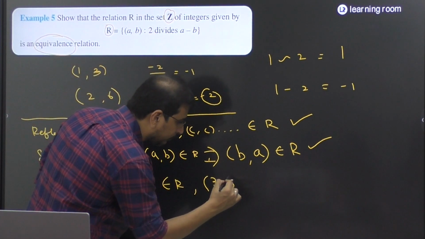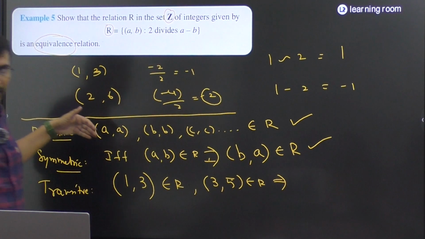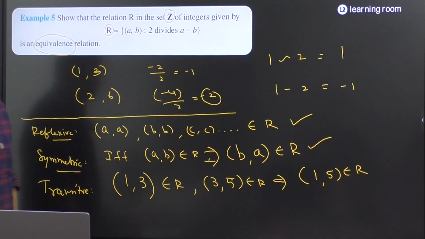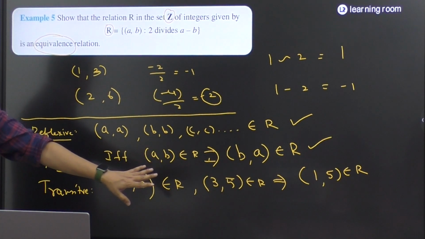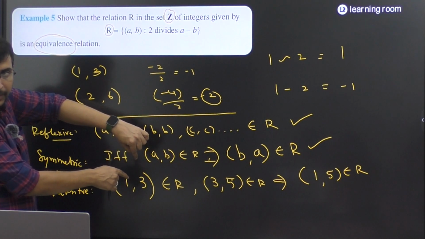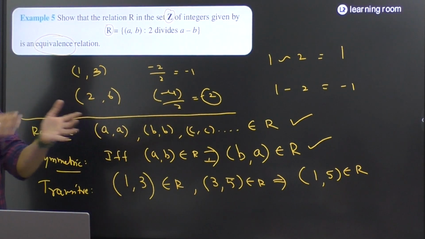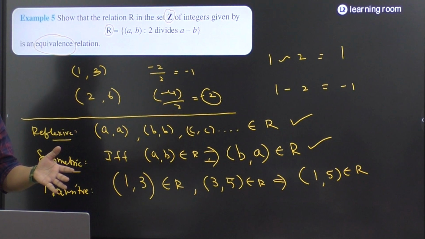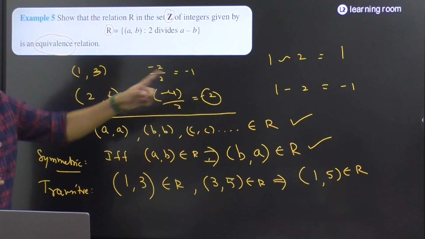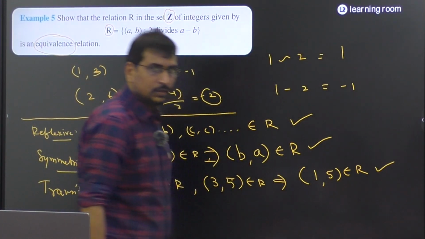So (3, 5) also belongs to R. From this, am I allowed to conclude that the extreme numbers, what are they? (1, 5) also belongs to R. It makes sense. So you take any combination so that the ending point in the first ordered pair is the starting number in the second. So I took (1, 3). Similarly, what is another example you can take? (1, 5), (5, 9), or (5, 13). Whatever it is, you will be able to find the extreme numbers, (1, 13). Are you able to understand? Yes, it is transitive.